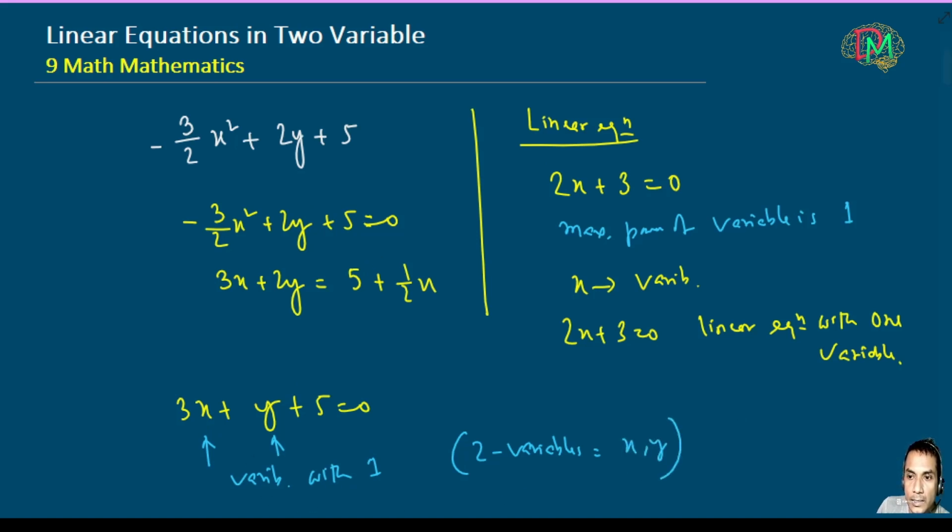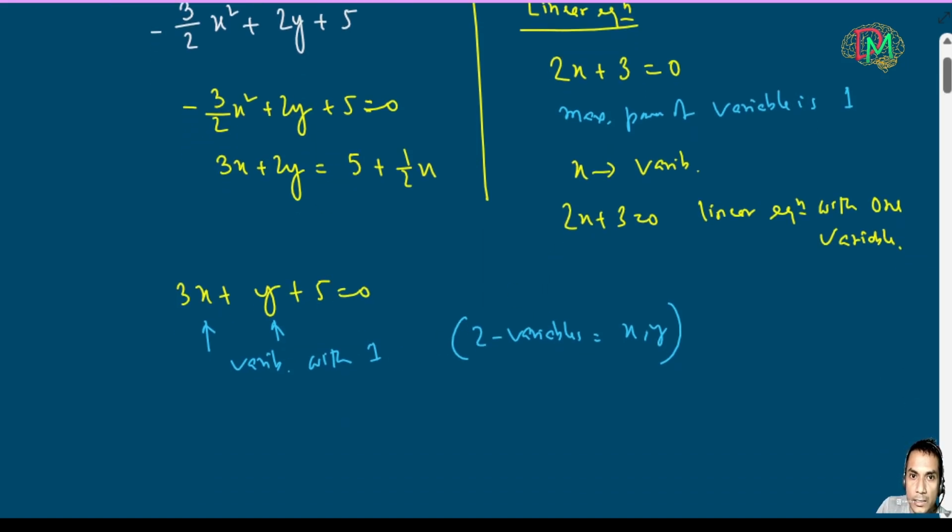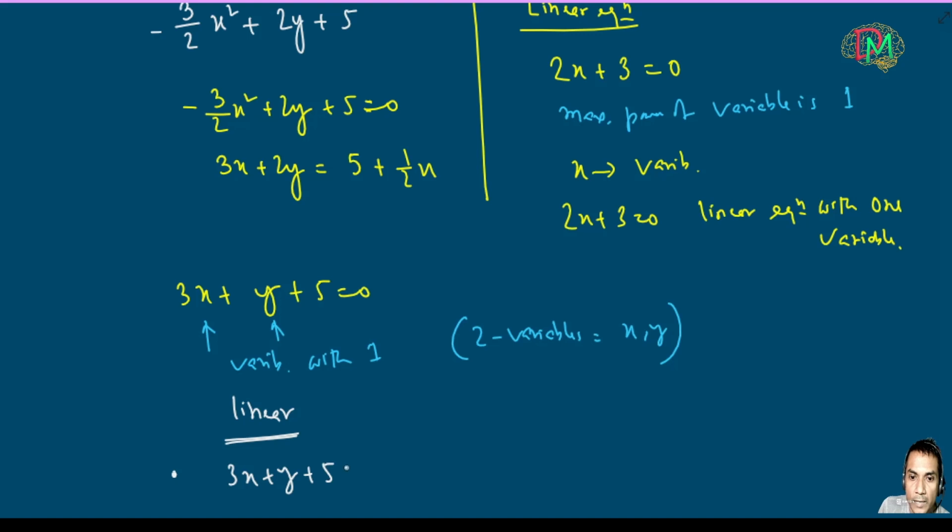Since the power of both variables is 1, it is linear. Together, these two considerations tell us that 3x plus y plus 5 is equal to 0 is a linear equation with two variables. Clear? Okay.